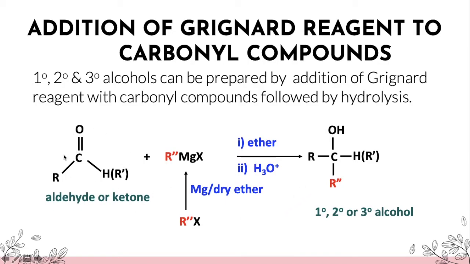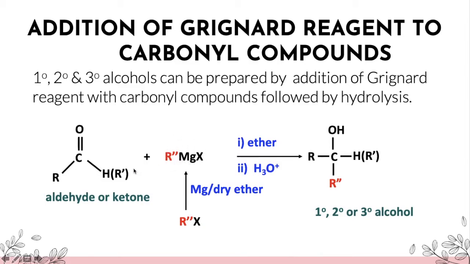Aldehyde or ketone, because both aldehydes and ketones are carbonyl compounds, react with Grignard reagent, or R group attached to MgX. X is a halogen. So in order to produce Grignard reagent, you must have haloalkane react with magnesium in dry ether, and the product is Grignard reagent.